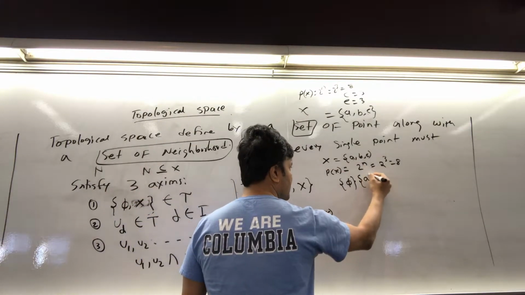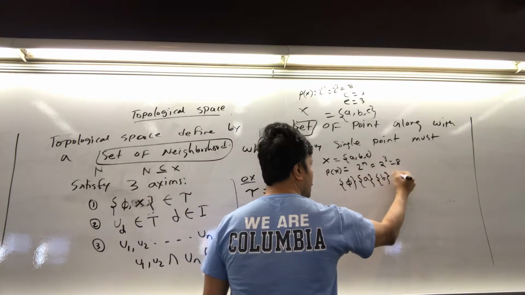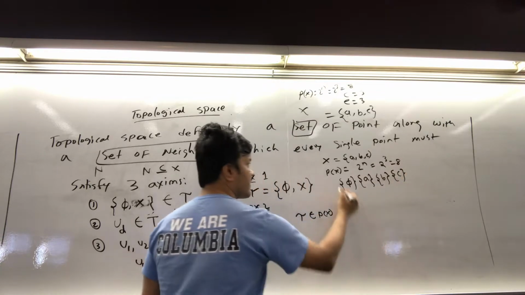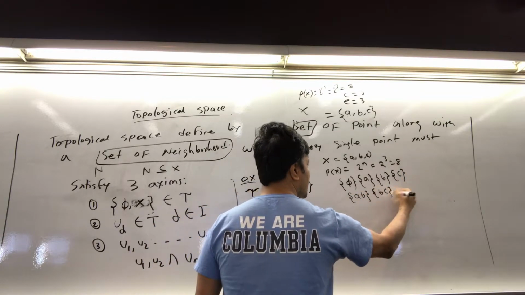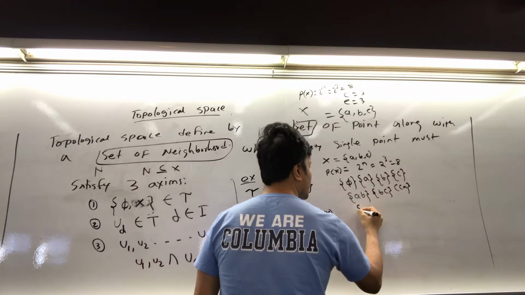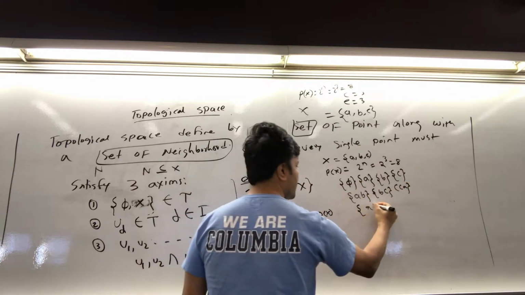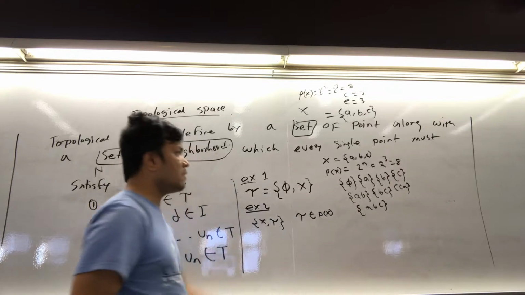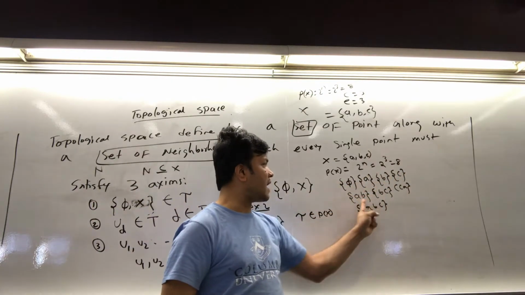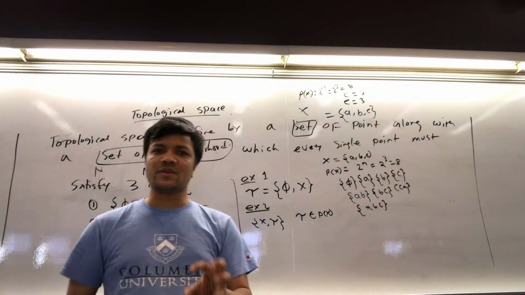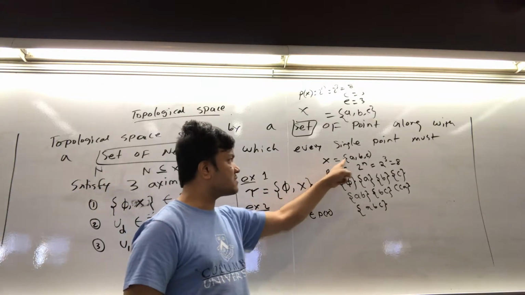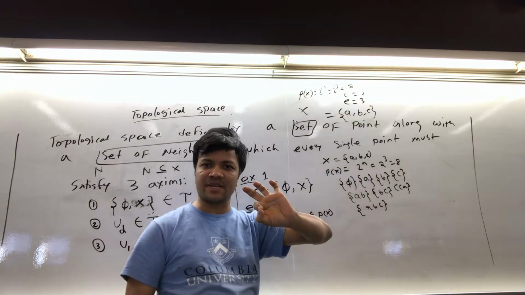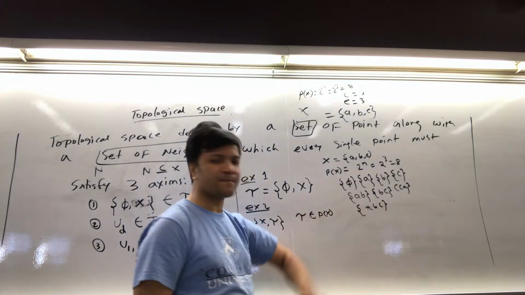We can write A, B, and C. Then we can write AB, BC, and CA. What is left? We can write ABC. So 1, 2, 3, 4, 5, 6, 7, 8. So this is the power set of a set which has 3 elements.